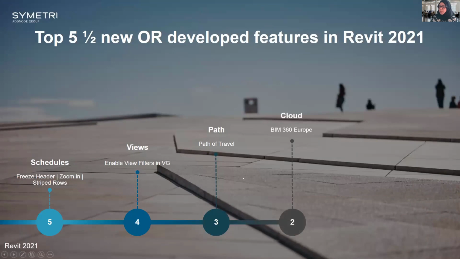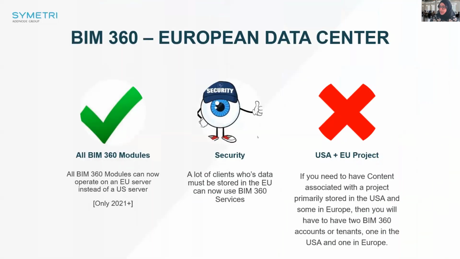Moving on to number 2, which is cloud in terms of BIM 360 Europe. Okay, so with this one, I've not got a video on it, but there's a couple of things that we need to note really. All BIM 360 modules are now accessible or operable within EU servers instead of the US server.